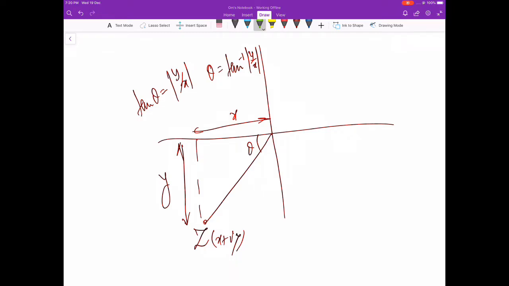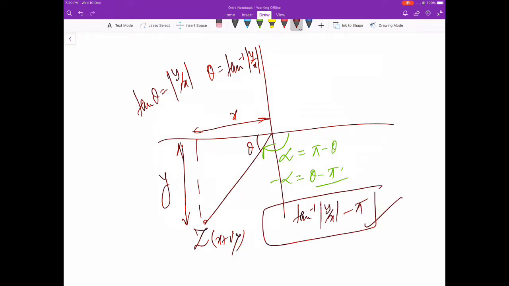But the argument in this case is this angle alpha taken in the clockwise direction, so it will be negative. So first, what is the numerical value of alpha? The numerical value is pi minus theta. But since it is measured clockwise, I have to take the negative of it, so that will be theta minus pi. So the argument in this case is tan inverse mod y by x minus pi. This is the argument in the third quadrant.